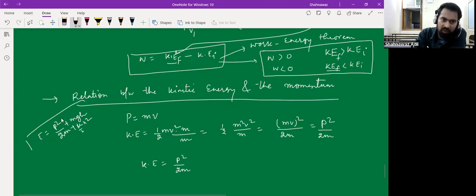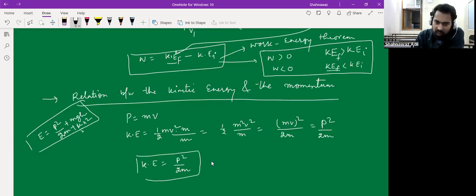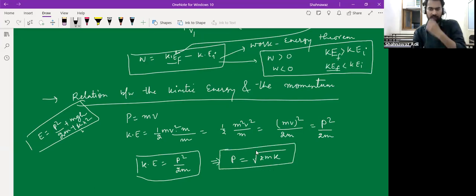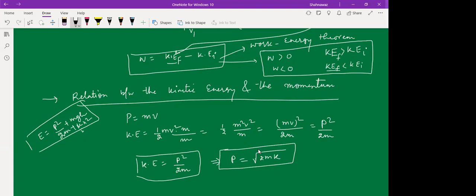You will see this after some time. So this is how your kinetic energy is related with the momentum, and you can write your momentum like this: p is root 2mK. Understood my point? Yes, sir.